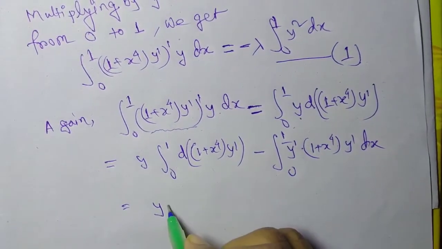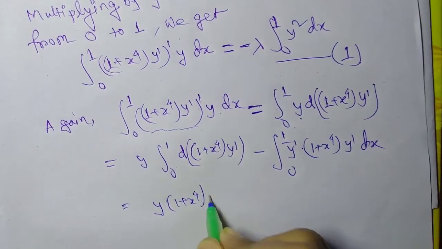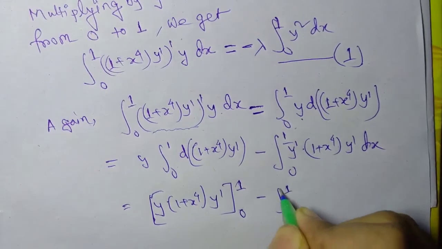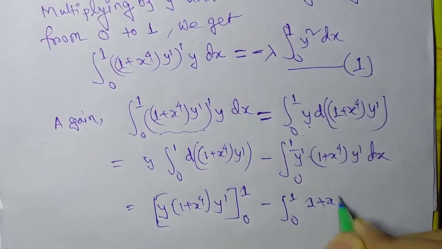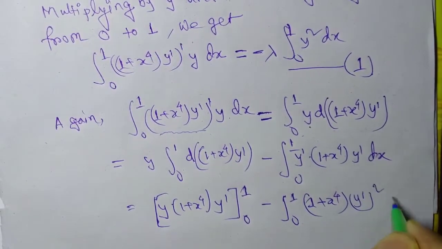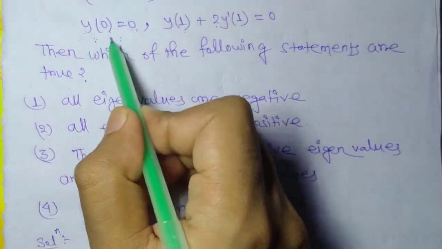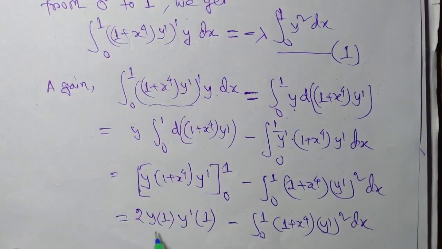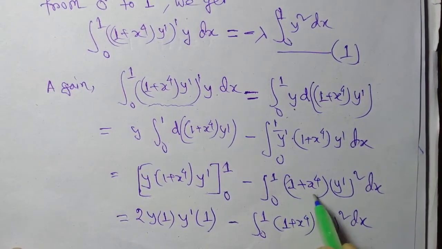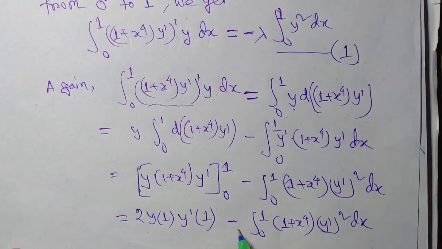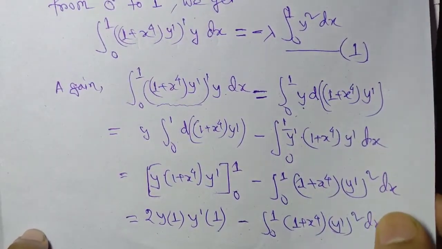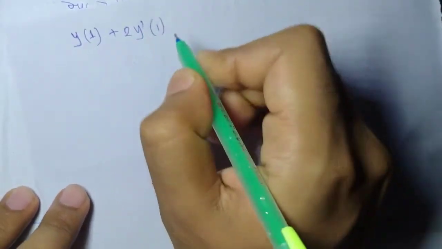So this equals y (1 + x^4) y' evaluated over the interval 0 to 1, minus the integral from 0 to 1 of (1 + x^4) y'^2 dx. Since the given boundary condition is y(0) = 0, from this term we obtain 2 y(1) y'(1), and the other term remains unchanged. Now the other boundary condition is y(1) + 2y'(1) = 0.